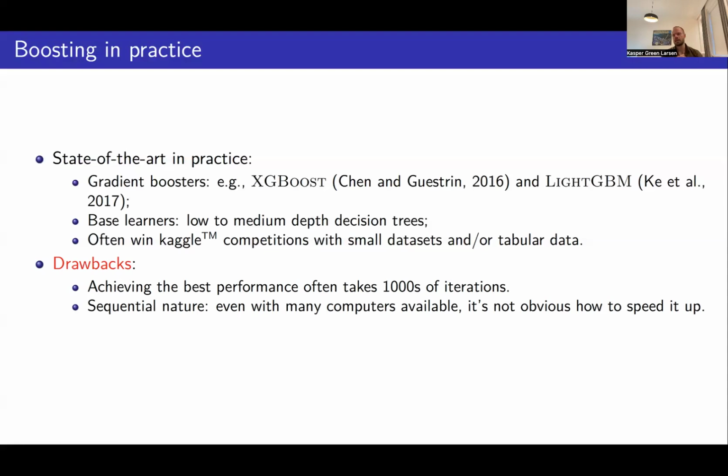Even if you had thousands of computers available, there's just no way for you to parallelize the training of each of these little regression and decision trees. Basically, because as you run AdaBoost, you first train one classifier, then you update the weights that you put on your data, depending on the first classifier, and then you can start training the second one. So if you don't know which one to train, you cannot really parallelize this. And the same goes for these gradient boosters.